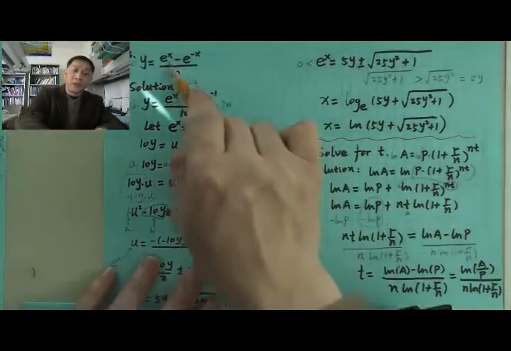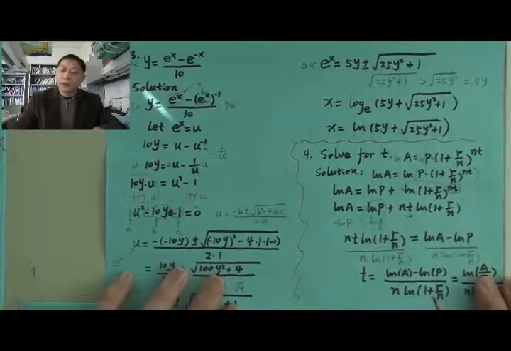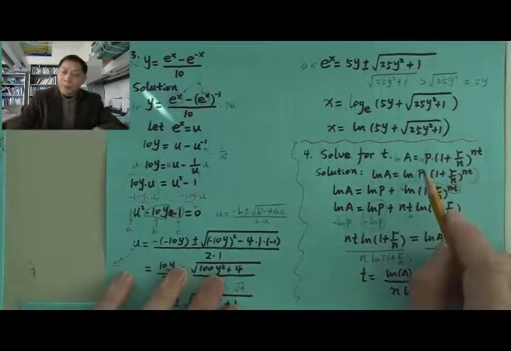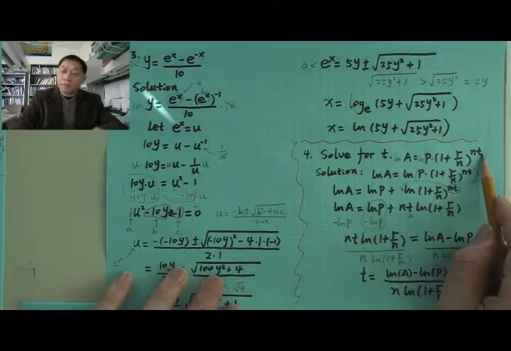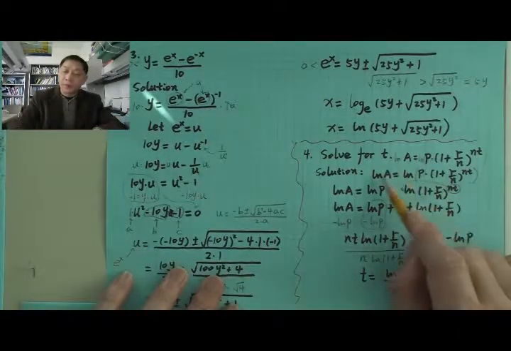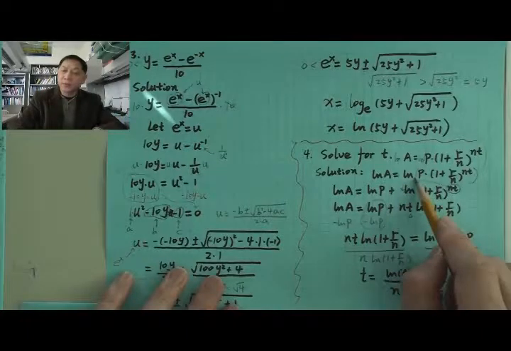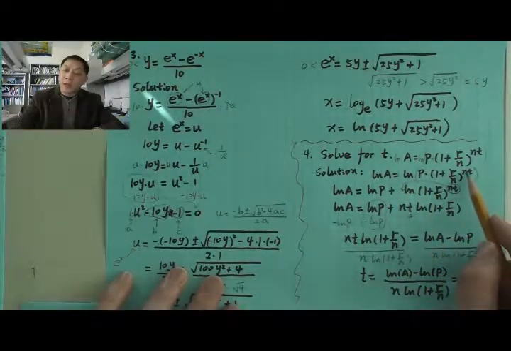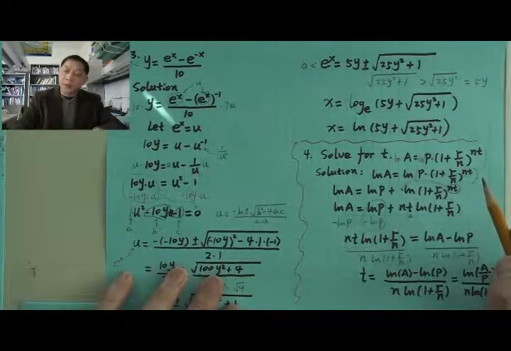This one was solved for x. Now, in order to take this exponent nt down, both sides need to take a log. So we choose natural log. If we take natural log on both sides, then this nt can be brought down to the front. That's the reason.